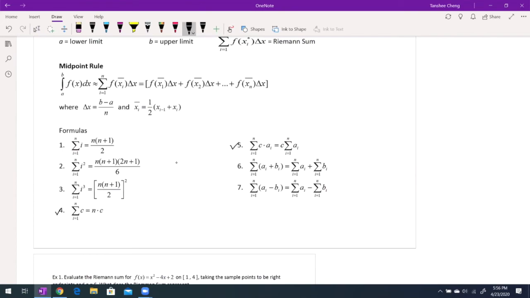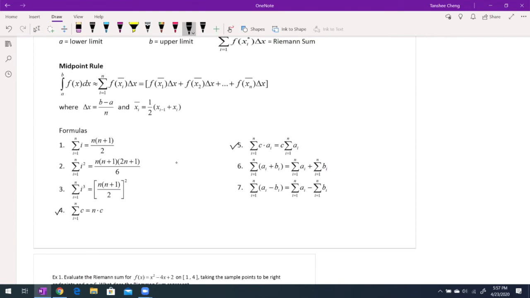When you have a constant times a function, a sub i is considered as a function. Notice that delta x is a constant all the time, so we can factor delta x out. The summation of a constant times a function is the constant times the summation of the function.